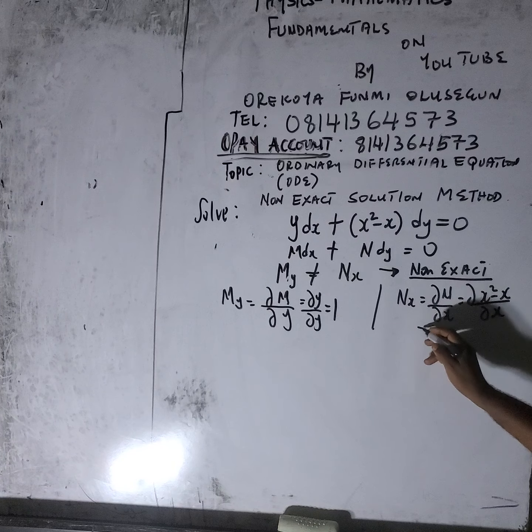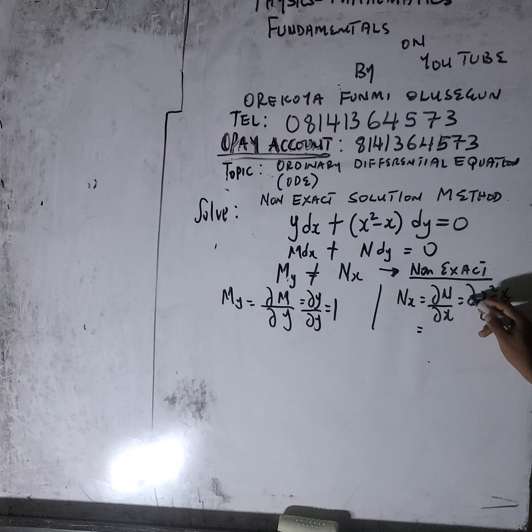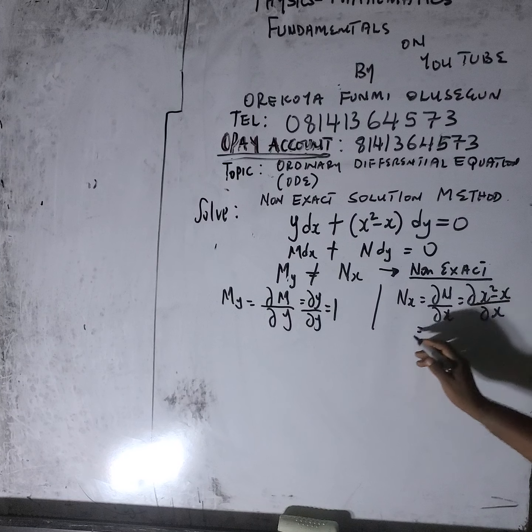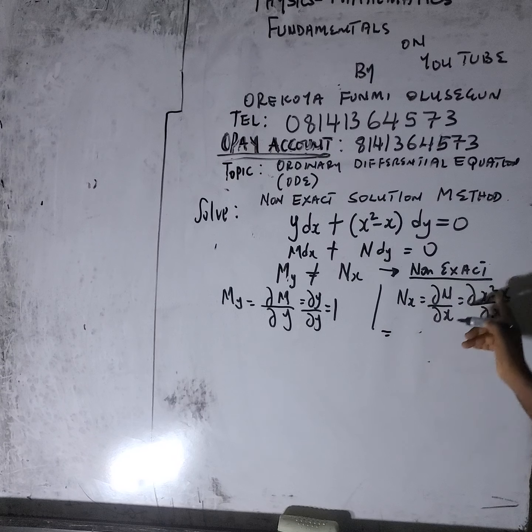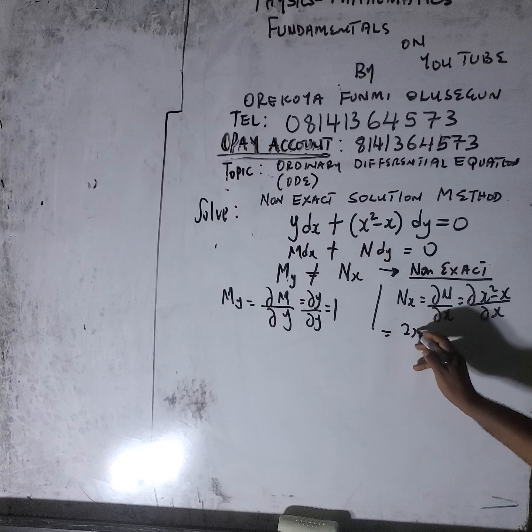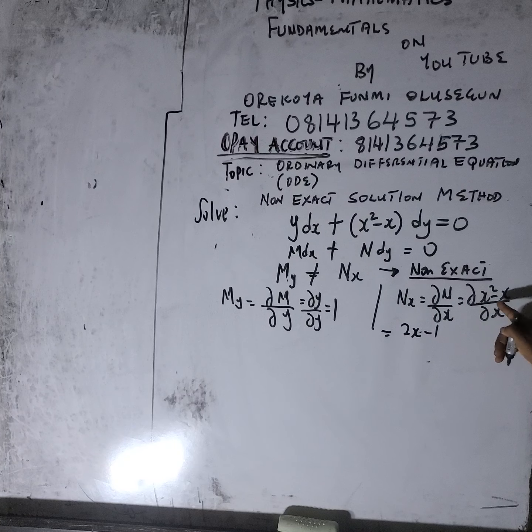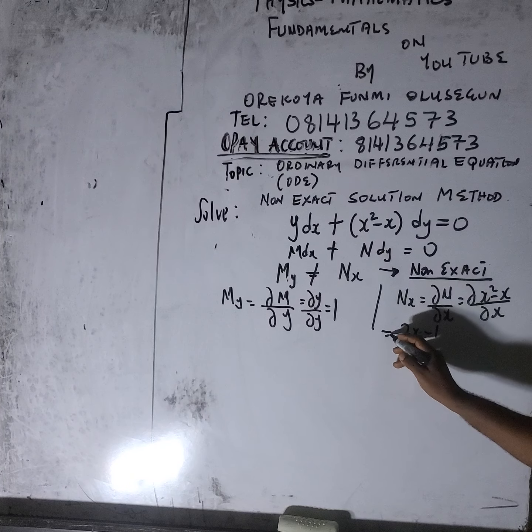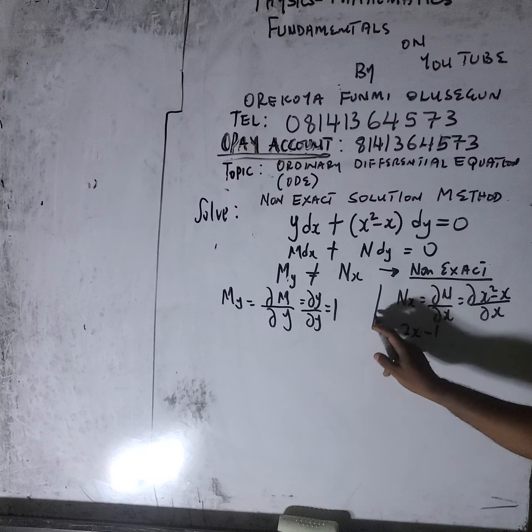If I differentiate this, it's going to give us 2x minus 1, because I use the power to multiply and subtract 1 from the power. So minus 1. That is my partial derivative with respect to x here.